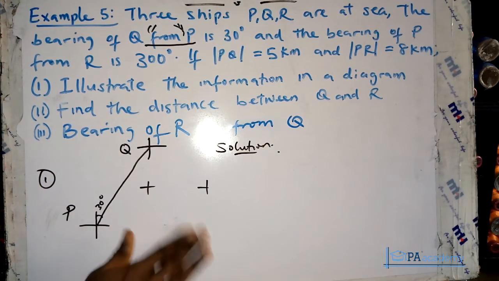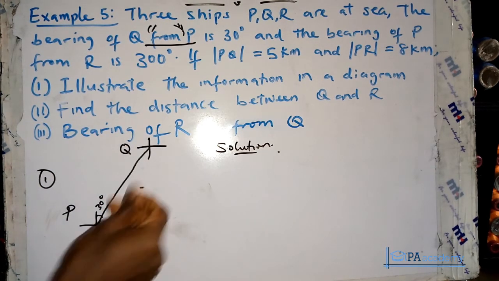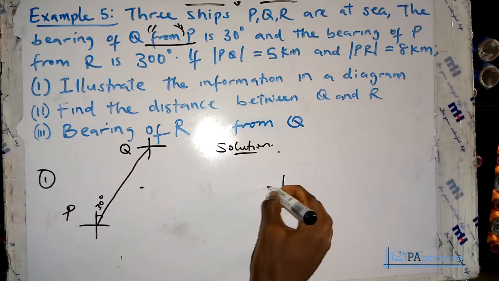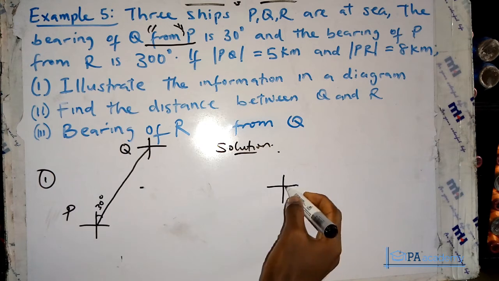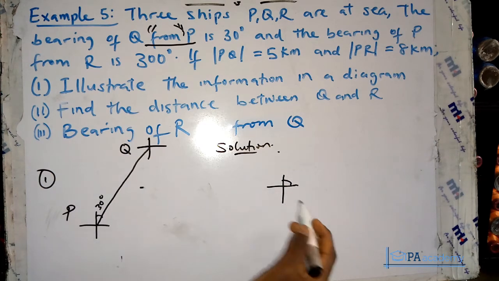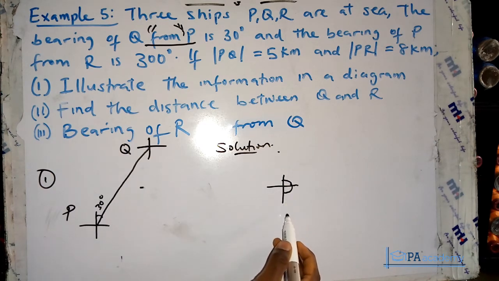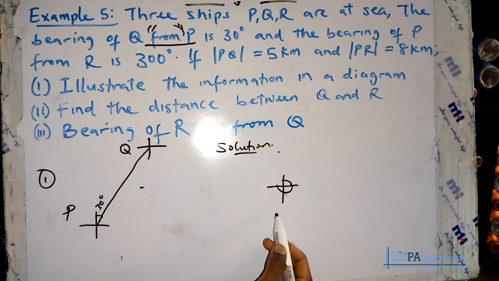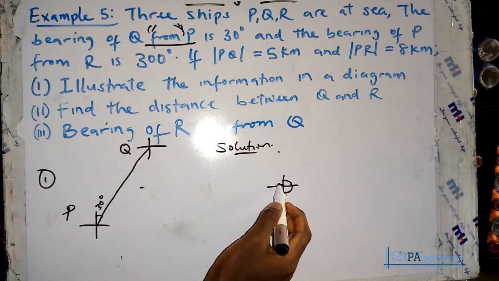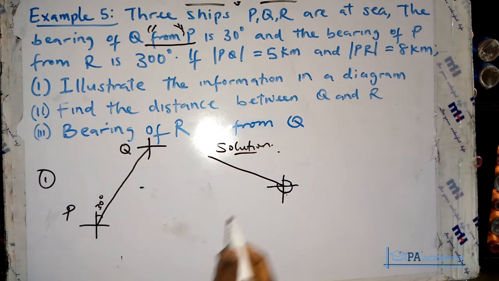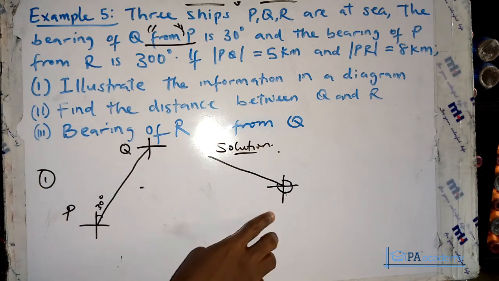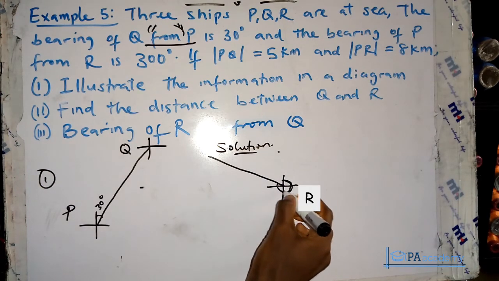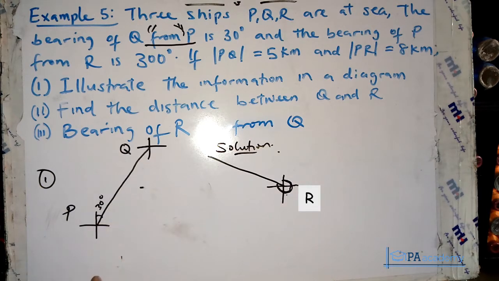So in a situation like this, since we know that it's 300 degrees, just draw a point somewhere and look at where 300 degrees will be. From this point to this point is 90. When you get here it is 180. When we get to this point, it's going to be 270. That's for the 3 quadrants. Then 300 is something like this. So if this is R and the bearing here is 300, where in this diagram will fit that?